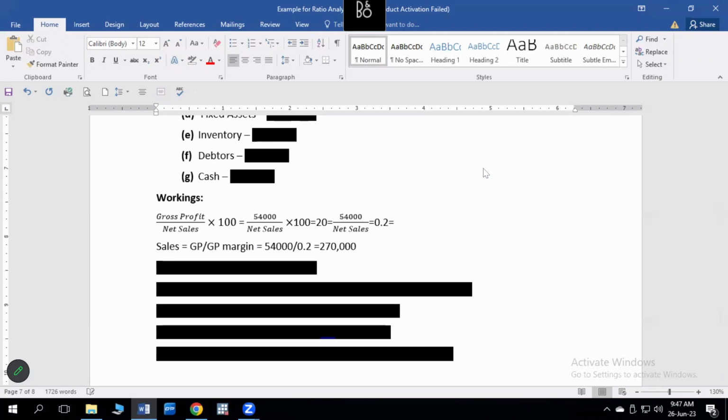So you can get net sales or sales. Net sales is equal to... Point two net sales is equal to 54,000.